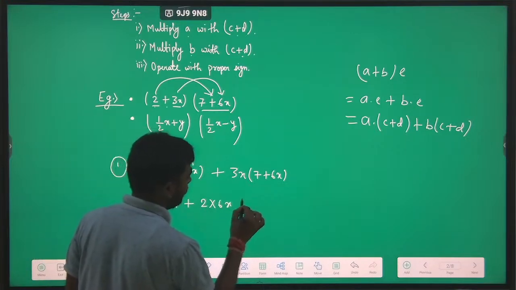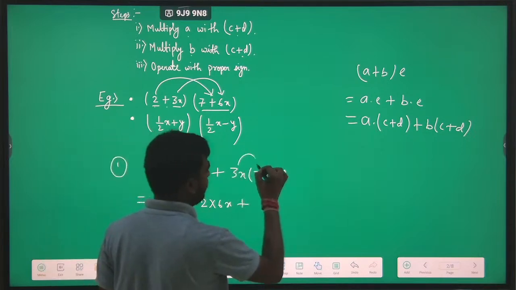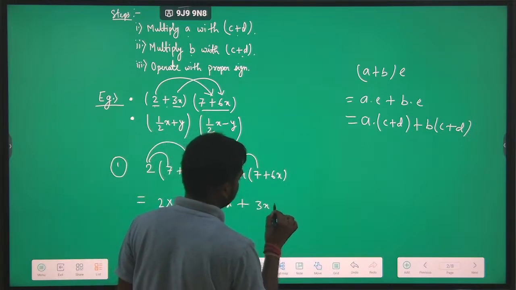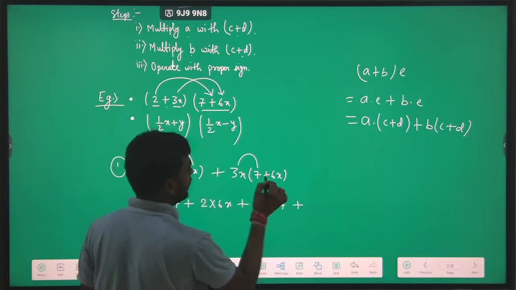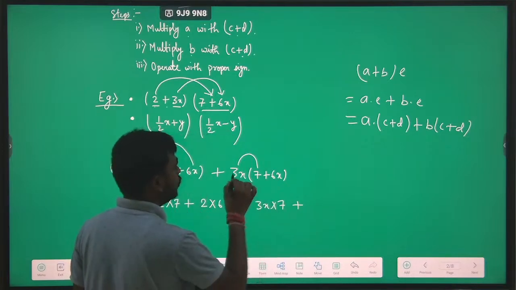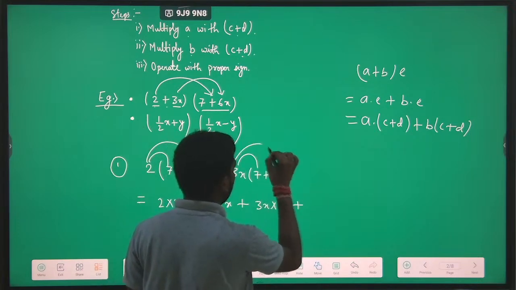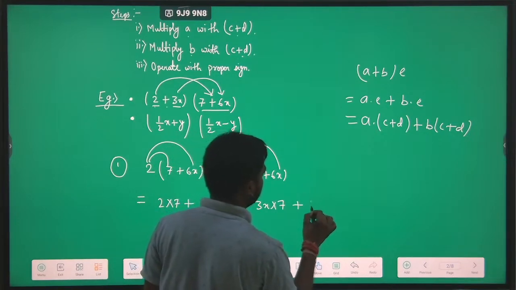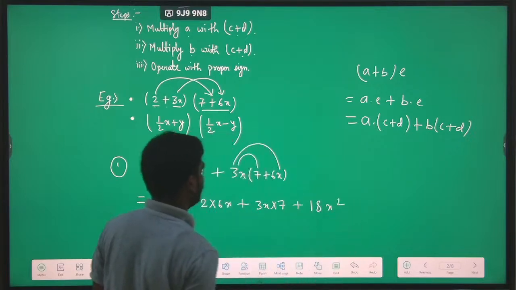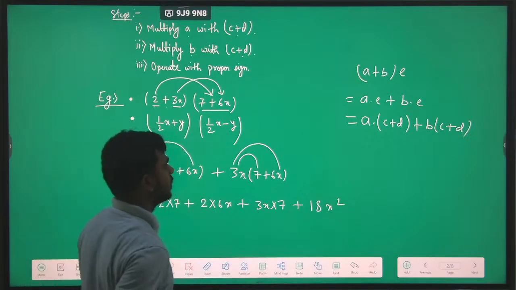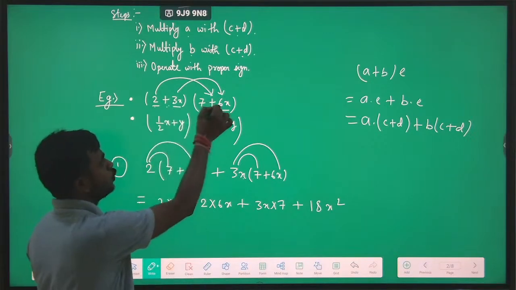This addition sign will remain here. This 3x will be multiplied with 7. And again the addition sign will be here, plus, plus, when multiplied is plus. So this 3x into 6x will become 3 into 6 is 18, x into x is x square. So we are getting these four terms on multiplying these two.